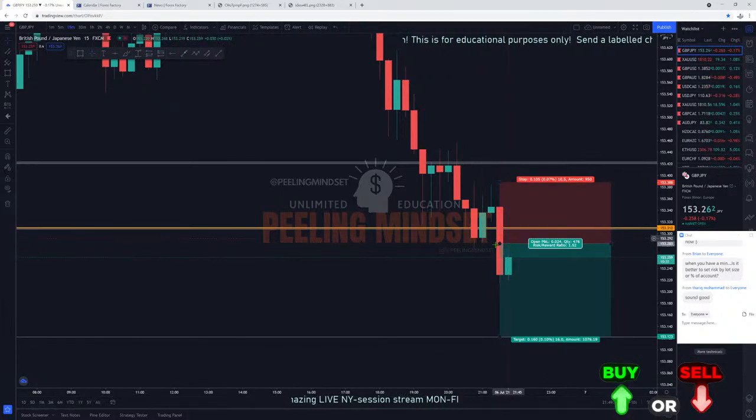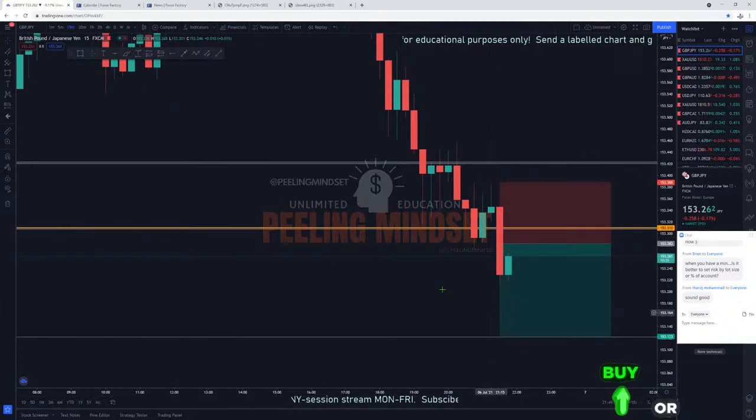Is there going to be a potential retest before the price could push down? Let's see. This could be a risk management day. That's something I'm constantly thinking about in the back of my head. This could be a risk management day. Let's see.